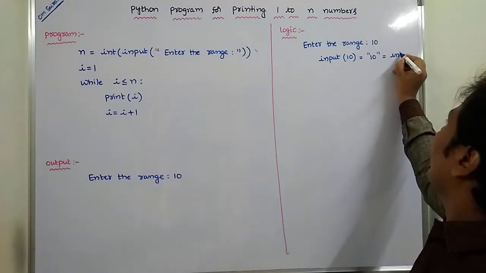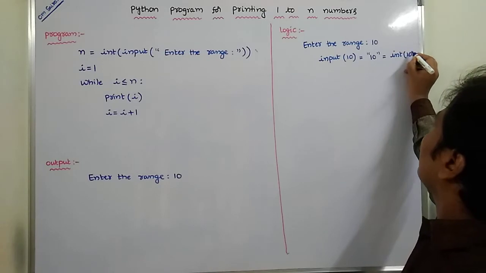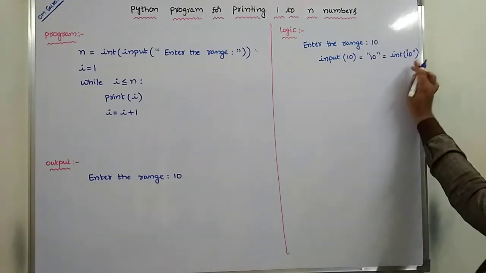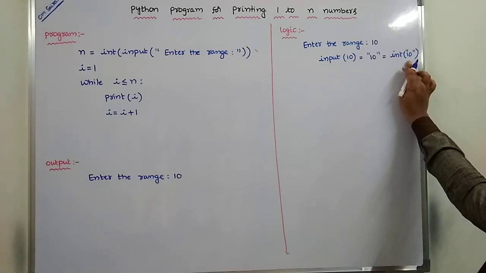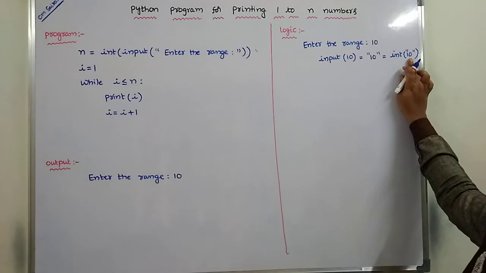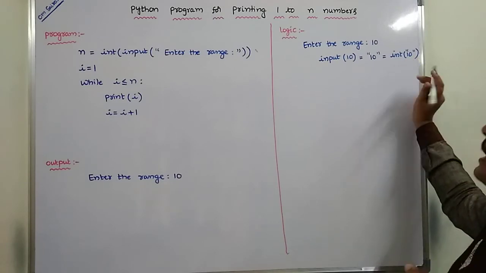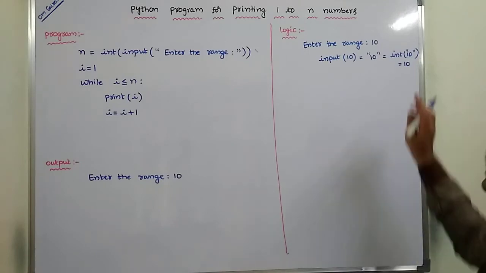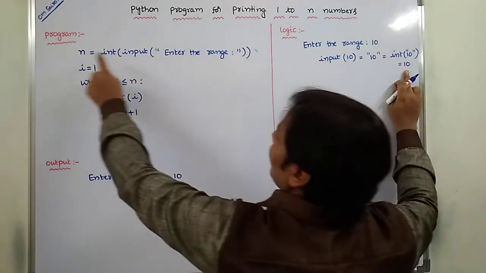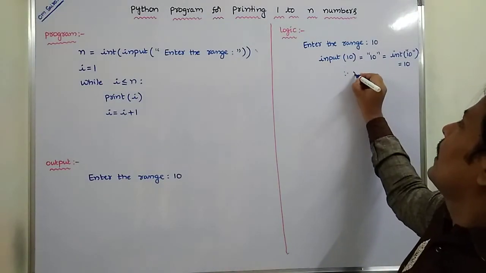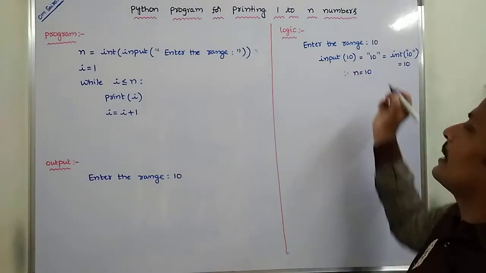So now int of "10" in double quotes, this string of 10 can be converted into integer, that is 10. This 10 value can be assigned to the variable n. So therefore n is equal to 10.